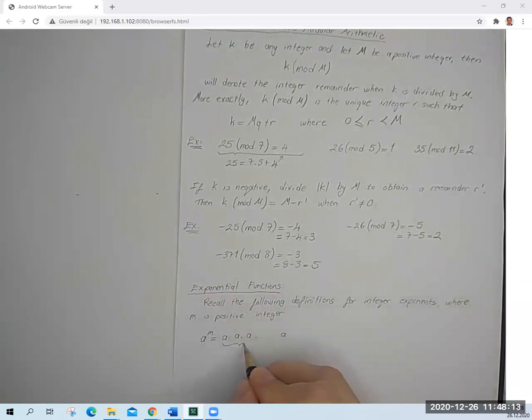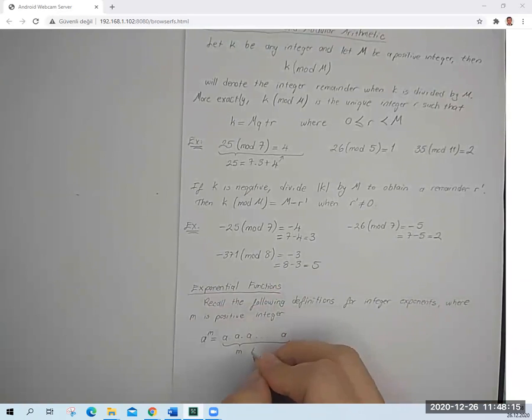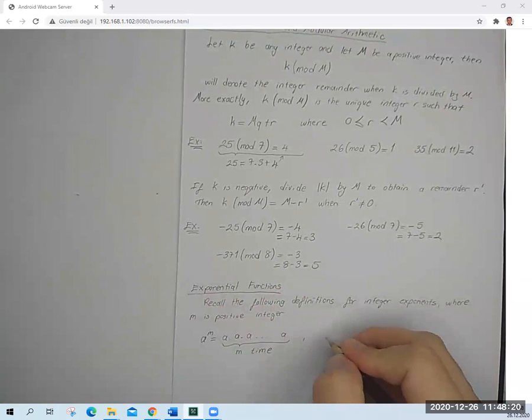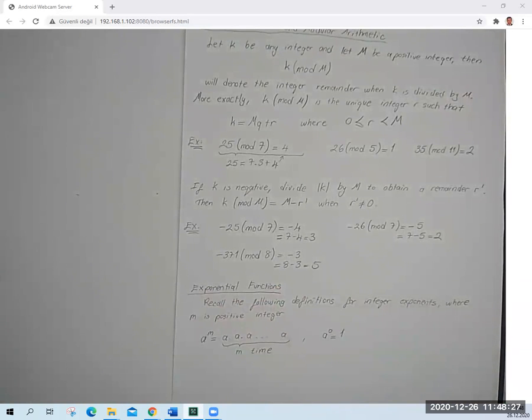It means m times a. So a to the power 0 is going to be equal to 1 for all numbers. If there is a to the power minus k, we will say this is 1 over a to the power k. So this is the exponential function representation.